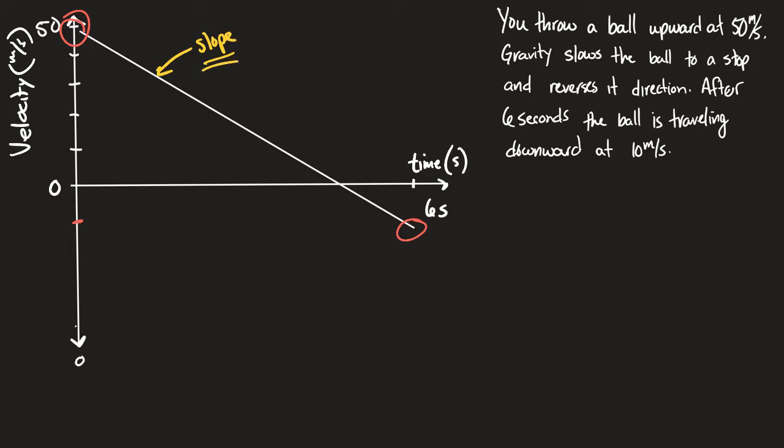When I found the slope, it was negative 10 minus 50 over 6. I took 2 points and divided by the time at the bottom. Basically, this should be 6 minus 0 if you'd like, which gave me negative 10 meters per second, which you could write as meters per second squared.